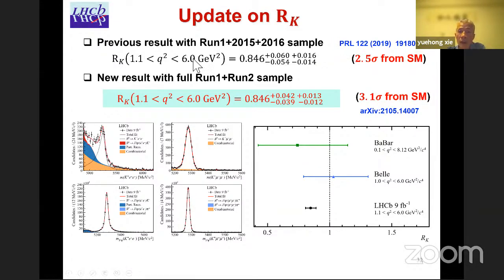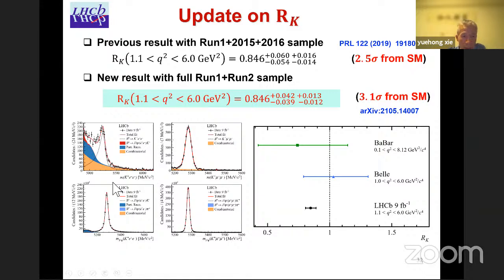There was a discrepancy in the low q-squared region. Namely, the observed RK was somewhat below unity. The discrepancy was 2.5 sigma. With the new results using the full Run 1 and Run 2 data sample, this discrepancy still remains, and it increased from 2.5 to 3.1 sigma.